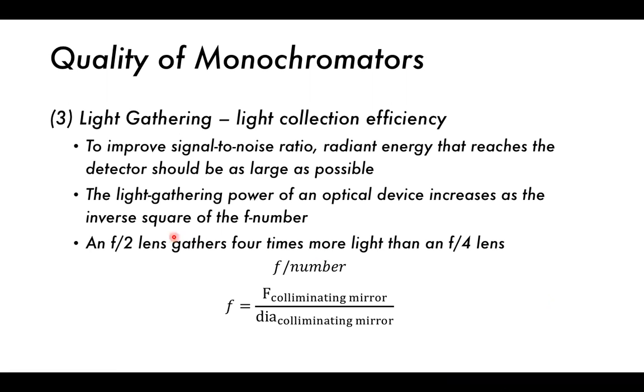The f number is equal to the focal length of the collimating mirror over the diameter of the collimating mirror. Or it can also be the lens.